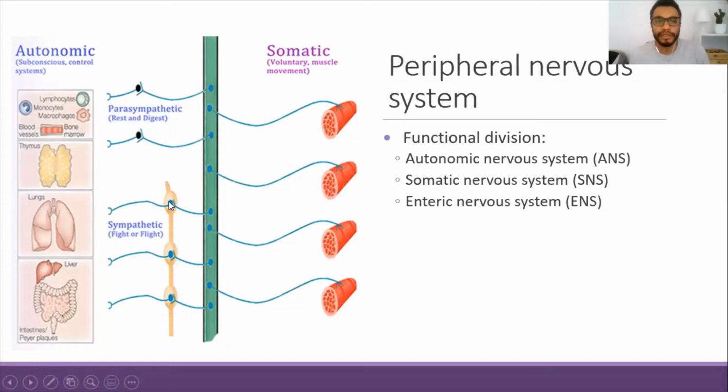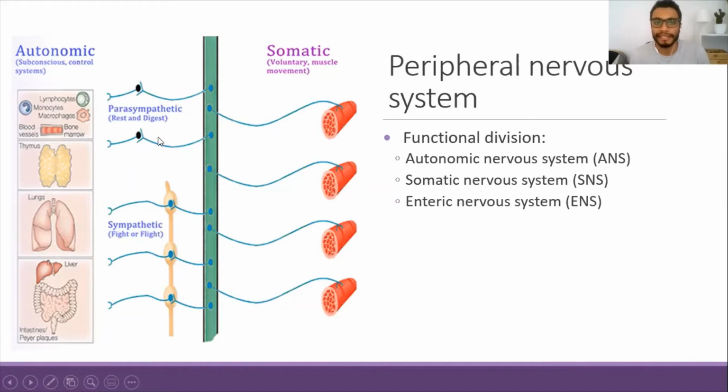And what can I tell you about this picture also? You see this nerve here, this little branch, this is called pre-ganglionic sympathetic fibers, okay? And this is post-ganglionic. So in the sympathetic nervous system, these fibers are shorter than in the parasympathetic system.